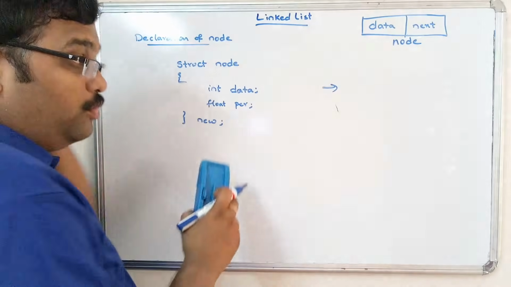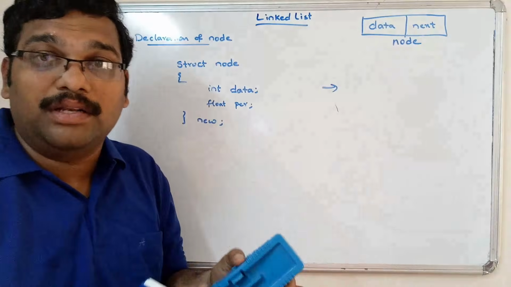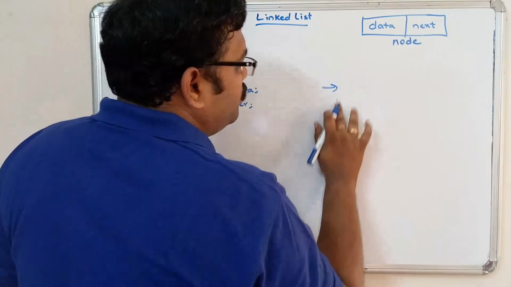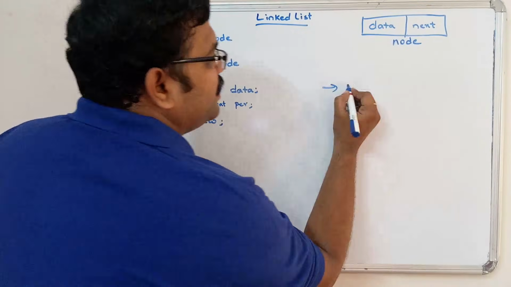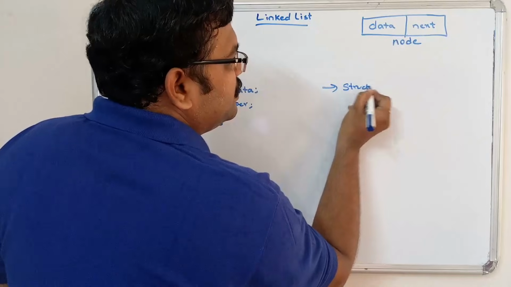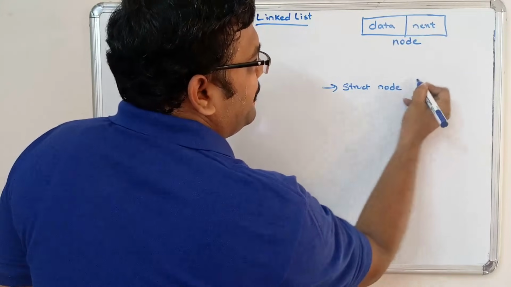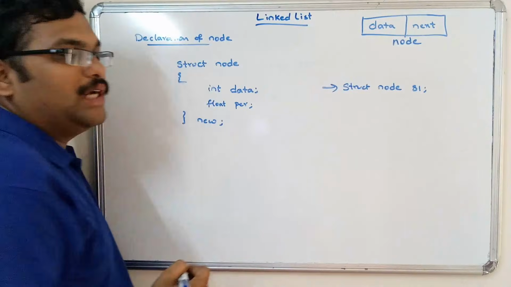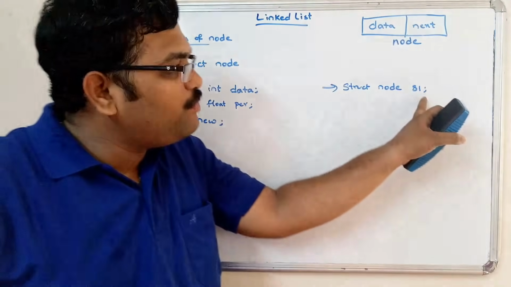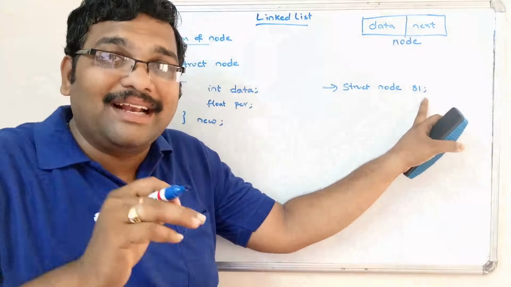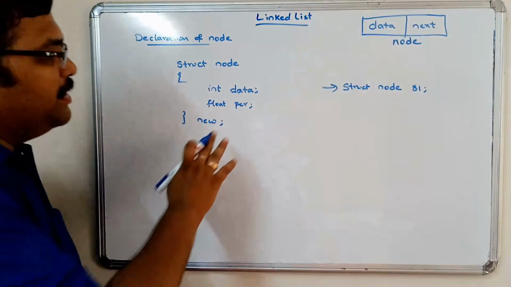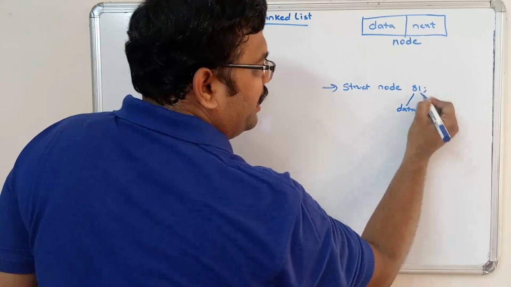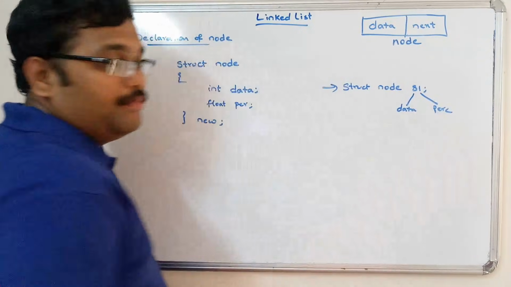If you want to create a structure variable, what do we have to do? The syntax for a structure variable is struct node s1, right? Struct node s1 is used to declare a structure variable. So s1 will consist of data and percentage, isn't it?